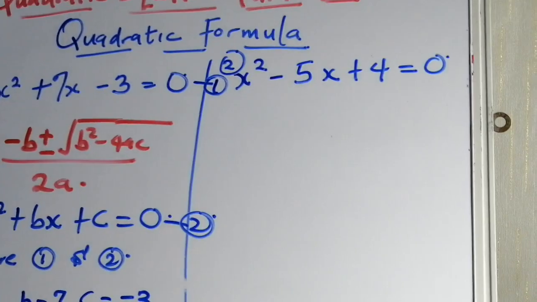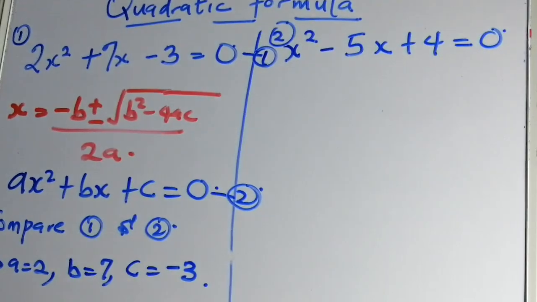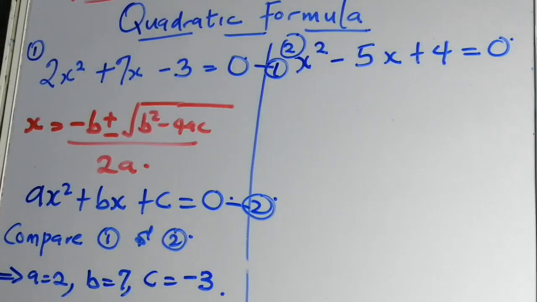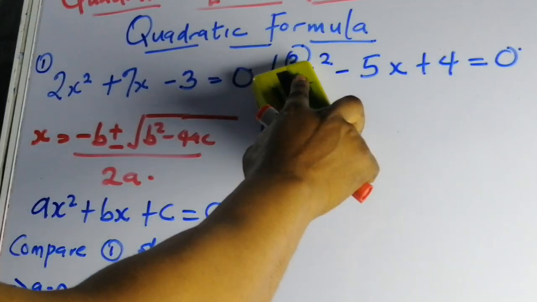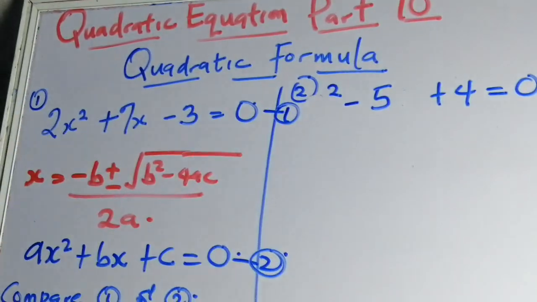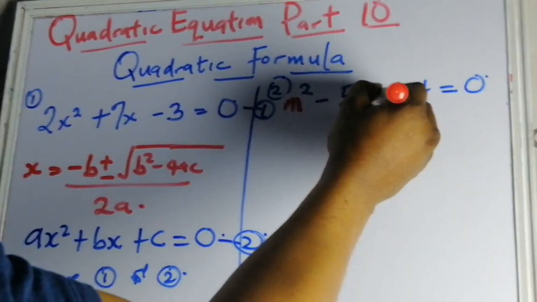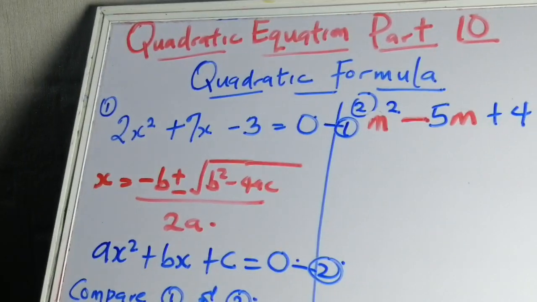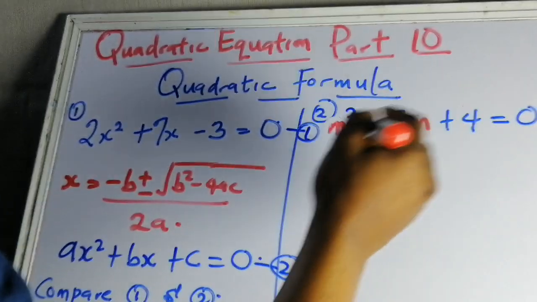So now in this case, since it's just, let's change this one. Instead of us using x, we can change it to m, so that it won't look like we're using the same value. m square, m. Okay, so m square minus 5m plus 4 equals 0.